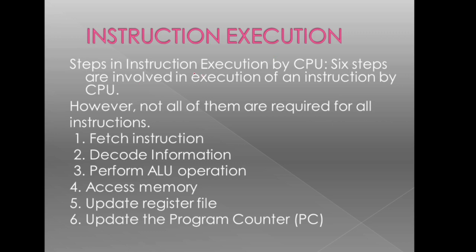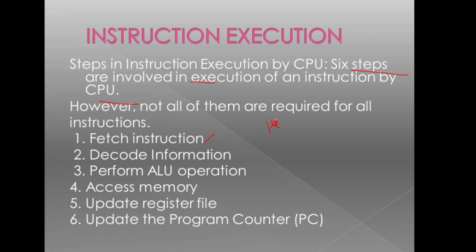There are six steps used to execute an instruction in the CPU, that is, in the processor. The first step is fetch instruction. For example, if the user gives a message like hi, first of all it will fetch the instruction to the processor.